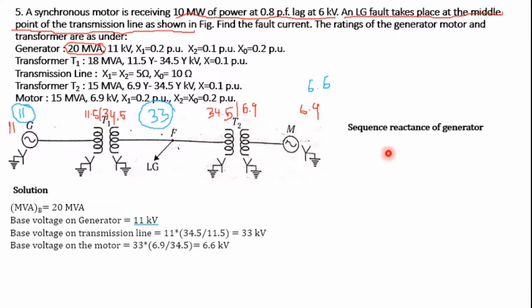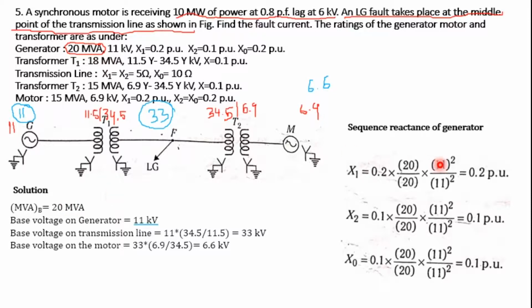Let us consider the sequence reactance for the generator. What is the old value and new value for the kV and the MVA, that we should remember. So X1, X2 and X0 we have to calculate. X1 new value is equal to old value into the formula.